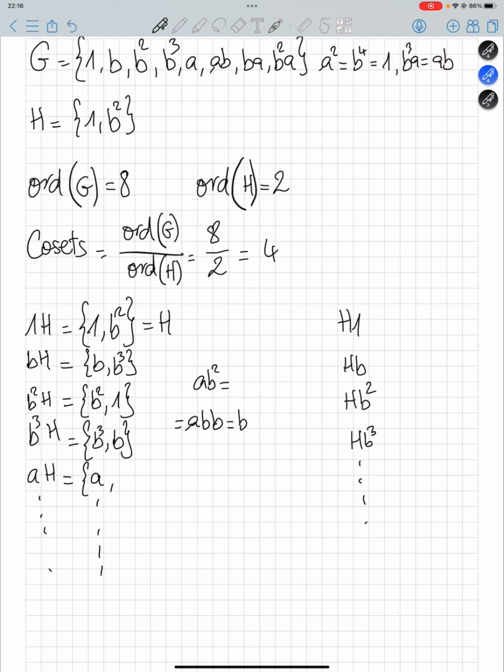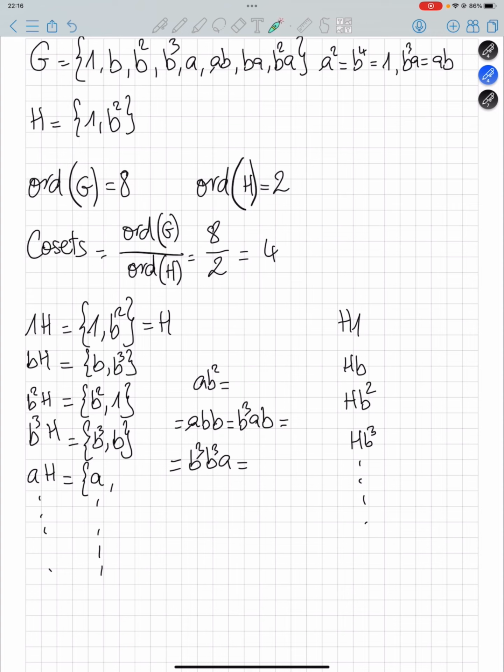So this is B cubed A B. We have AB again, which is B cubed A, so this is equal to B cubed, then B cubed A. Now B cubed is B6, right? B6 is B4 B square, right?